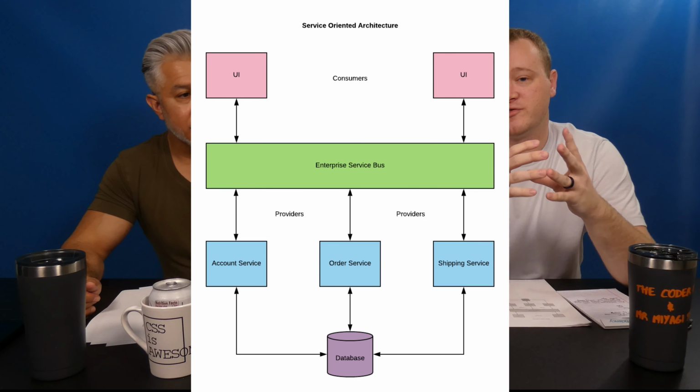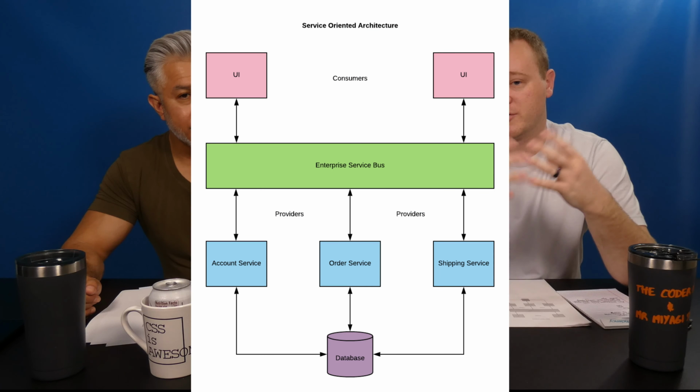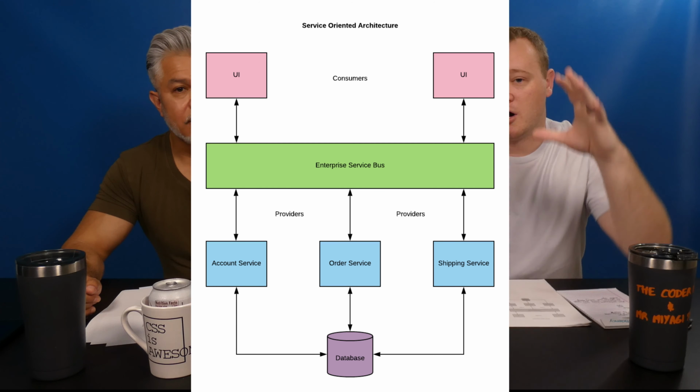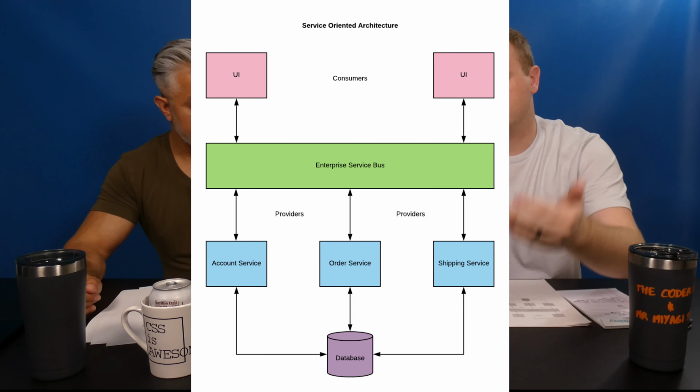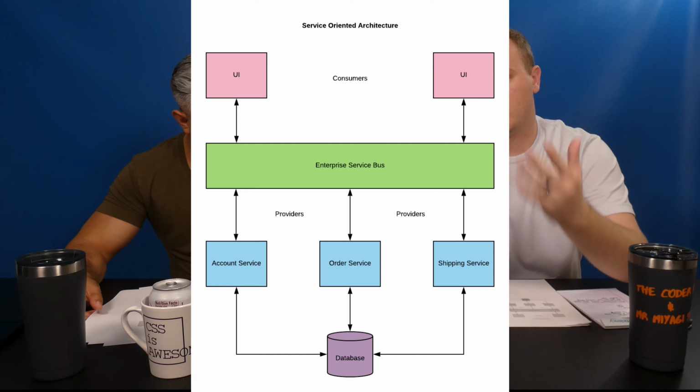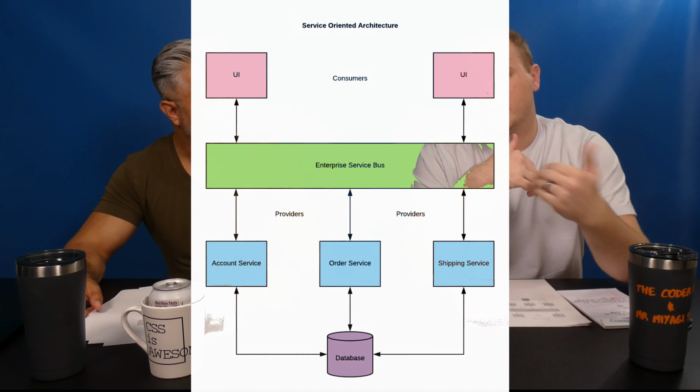So what you'll have is the same approach as with microservices, where you have these UI pieces, whether it's a mobile app or a web application, and they'll still go through an API gateway most likely, but instead of going to a microservice itself, it's going to go to the service bus, a thing called the enterprise service bus.